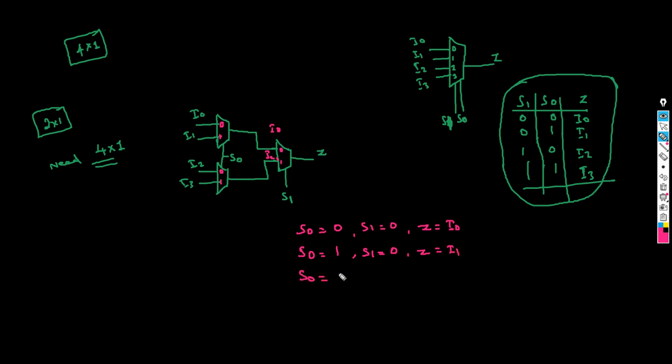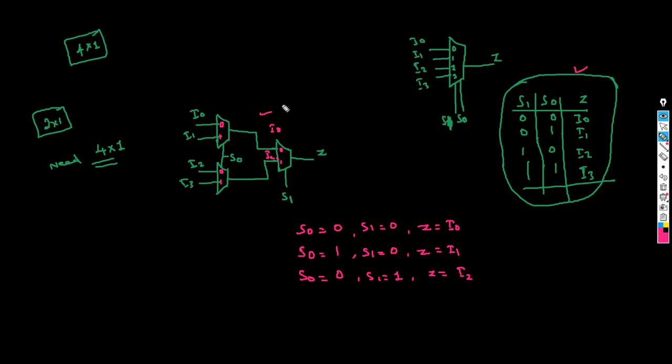Now S0 is 0 and S1 is 1. Now what is it going to be? I2. Okay, got it. So this truth table and this circuit are in sync. Correct?